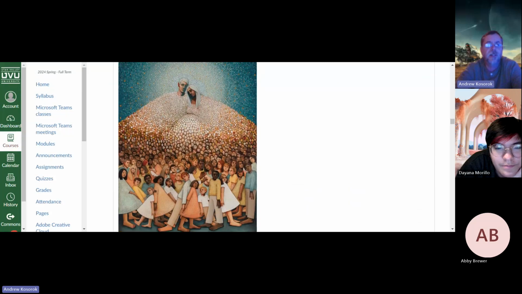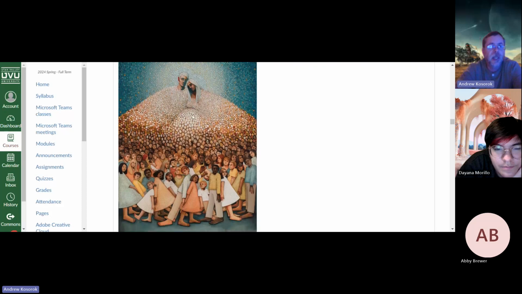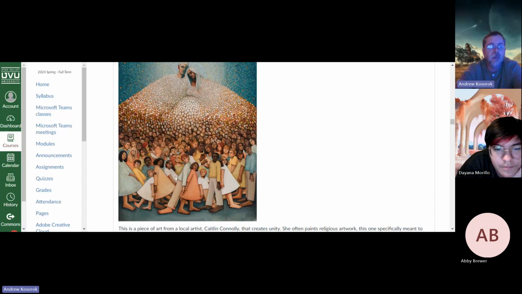And then I really like this that Madison shows as an image of unification, because you have what appears to be almost like celestial parents, and they're made up of all these little dots. And then as you come closer, you realize that all these little dots are people of all shapes, sizes, and colors.